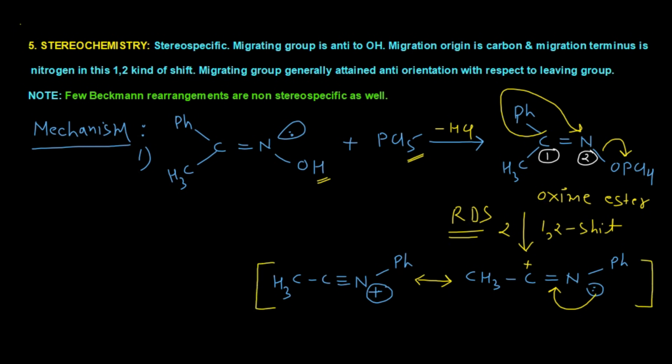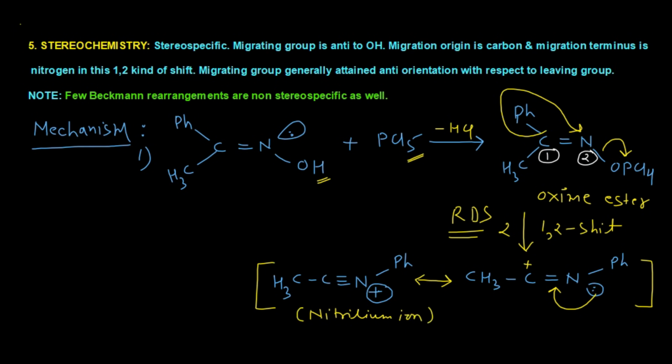So this is how it actually happened, right? Basically you see nitrogen is having the positive charge here, so it is a nitrylium ion. So I am writing it as nitrylium ion. So the mechanism goes in that manner as well.